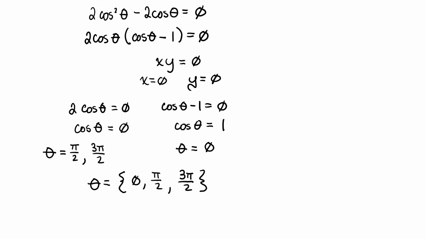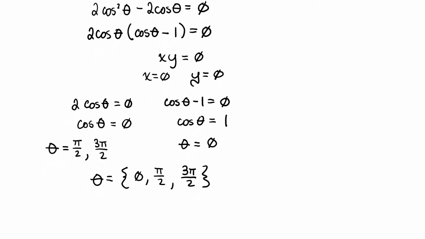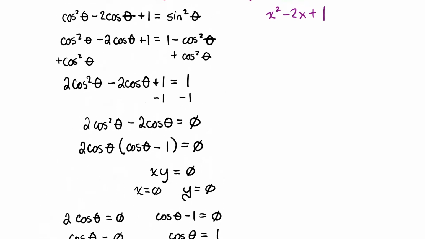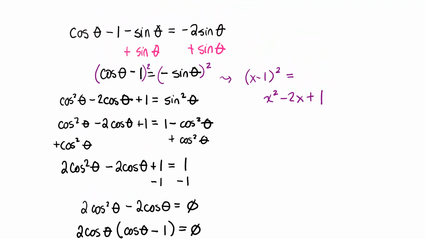However, we have to check to make sure that these answers are true to the original equation. Remember, the original equation stated that cosine theta minus 1 minus sine theta equals negative 2 cosine theta. So we added sine theta to both sides and got cosine theta minus 1 equals negative sine theta.